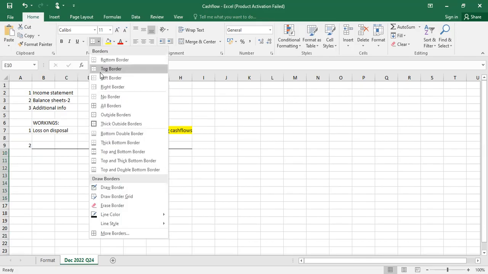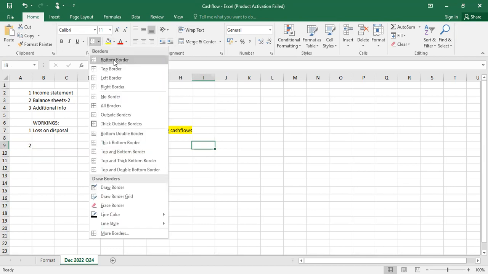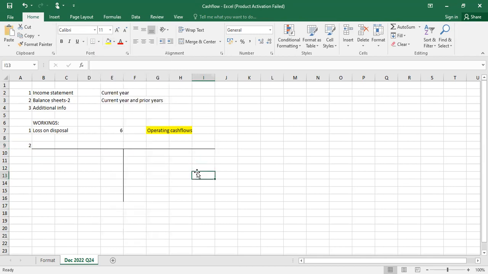So I am preparing the property, plant and equipment account.